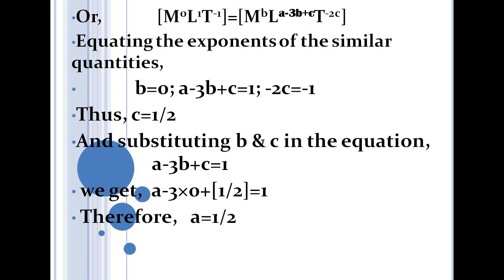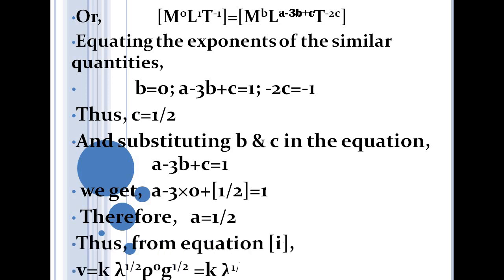Replace the values of a, b, c in equation 1. We get v equals k lambda^(1/2) rho^0 g^(1/2), simply k lambda^(1/2) g^(1/2), that is, we can write v squared is proportional to lambda g. In this way we can find a relation between the given physical quantities using dimensional analysis.